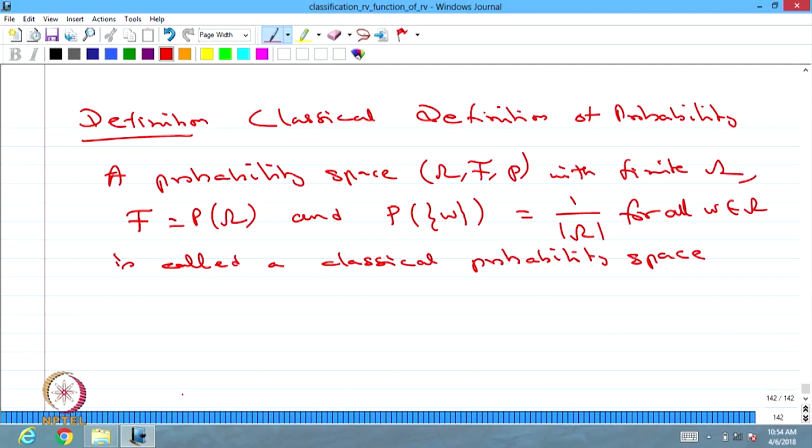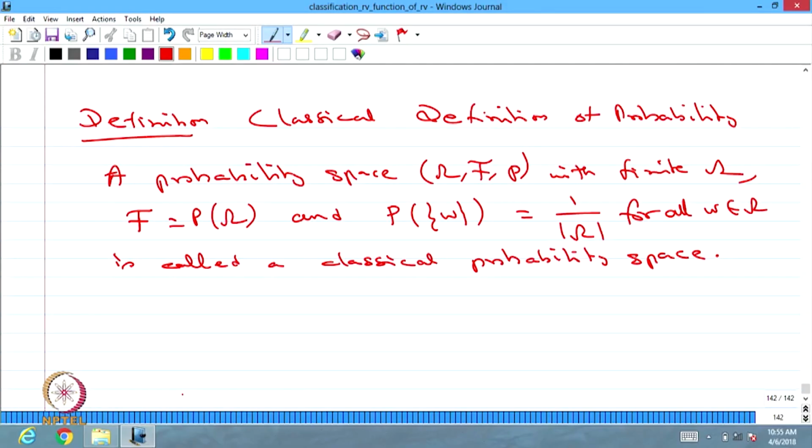If these three conditions are satisfied, then that probability space is called a classical probability space. There is another name for this, called a Laplace probability space. In this situation, the probability P is called a classical probability.